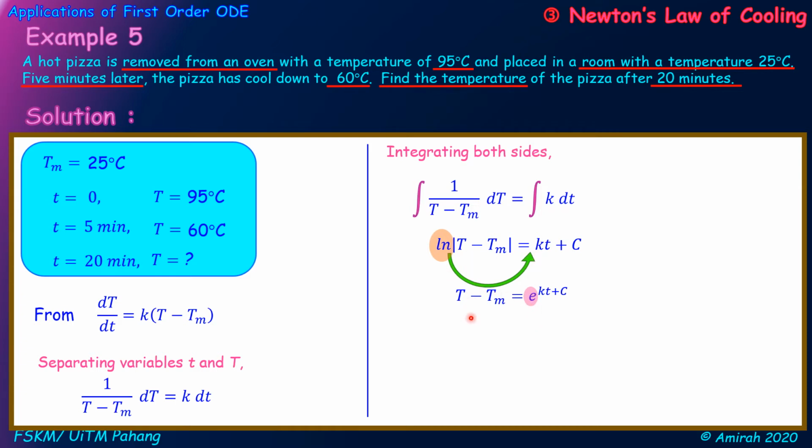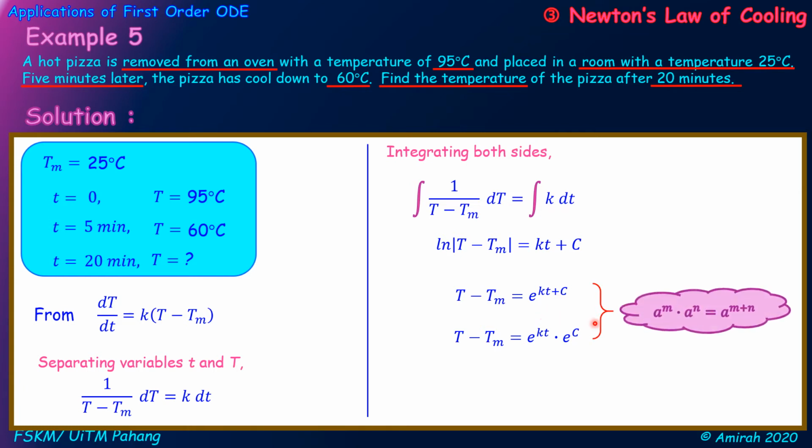So we have T minus Tm equals to e to the power of Kt plus C. And then from properties of indices, we can separate e to the power of Kt plus C into e to the power of Kt times e to the power of C.